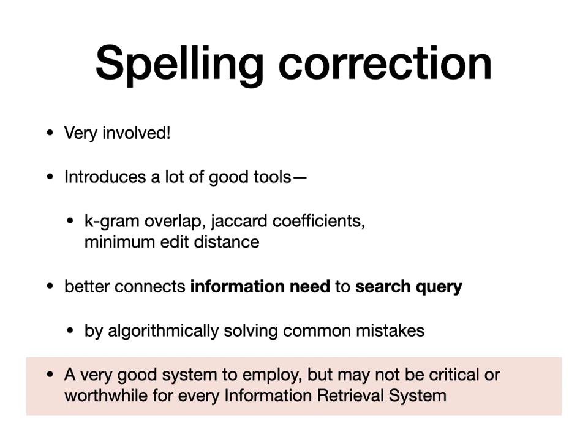So this is a really cool system to employ. It's not necessarily critical for every information retrieval system. You don't necessarily need to go through all these steps, but it's quite useful, and it can be flexible. There's a lot of knobs you can tweak to decide when, how, to what extent you employ these things. So very good to understand.